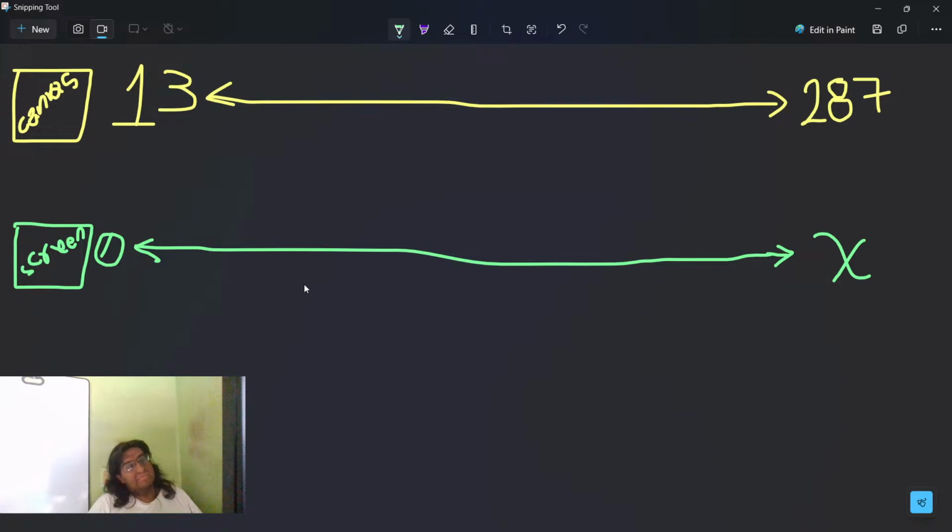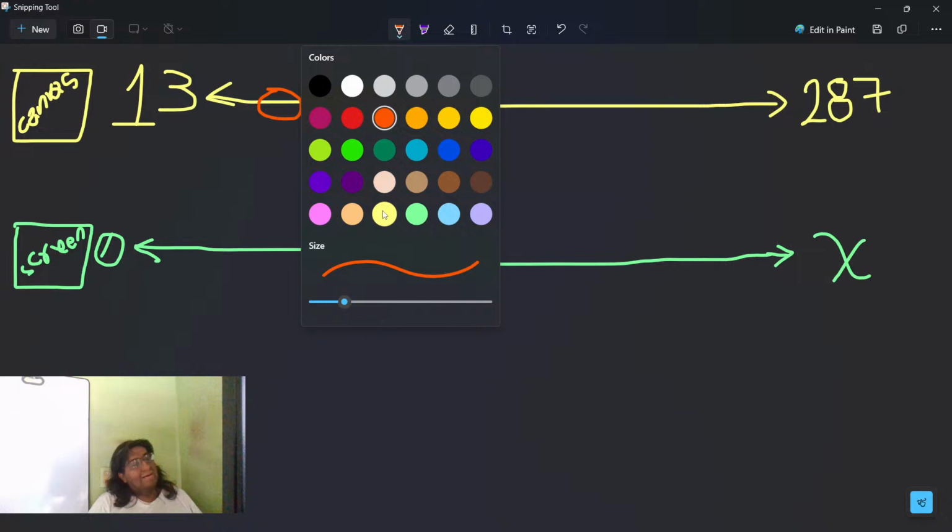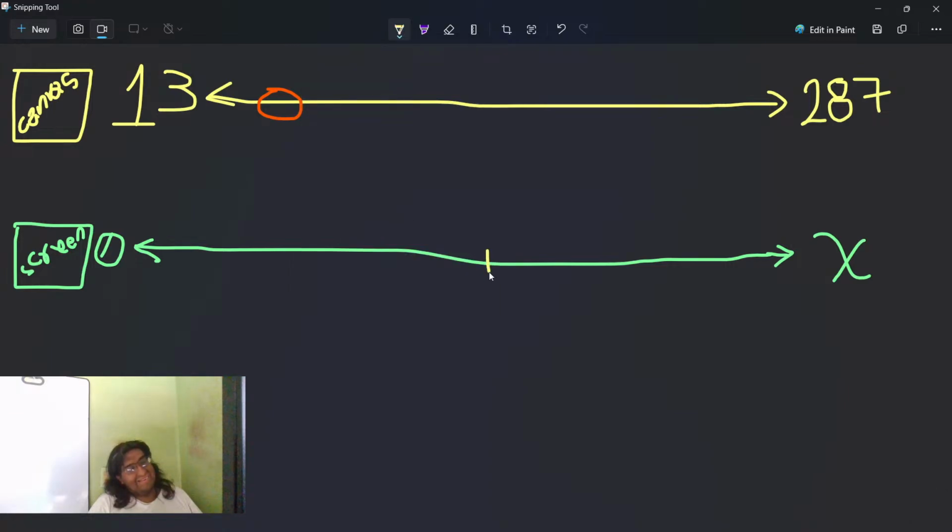We need to detect if the spaceship is here and the user moves in this direction from here, we should move the spaceship, right? Because it should start from here. But that's another problem.